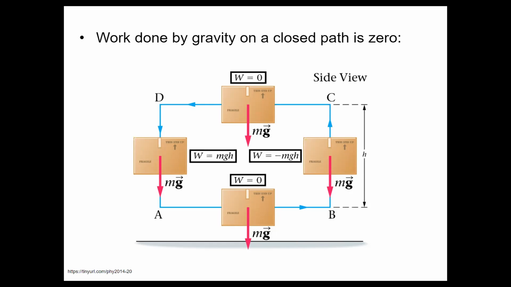Zero plus a negative mgh and a positive mgh will add up to be zero. So work done on a closed path by a conservative force is zero. It doesn't have to be a square form. If this is a circle, it's still going to be zero. If it's a rectangle, it's going to be zero. As long as it's a closed path, it's going to be zero.